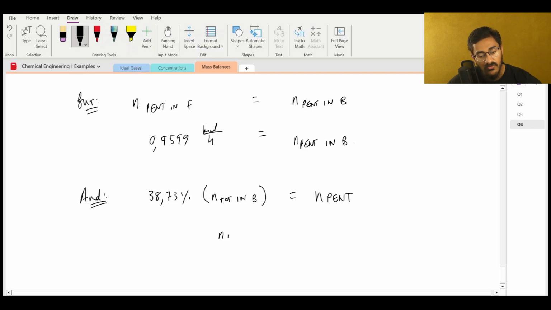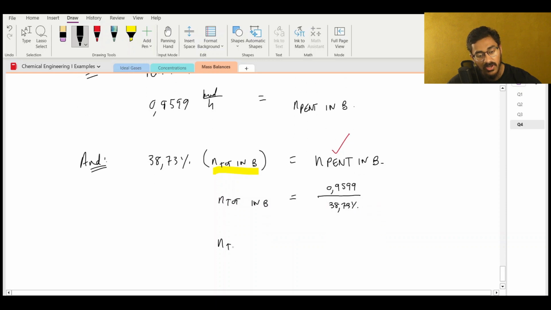And so, can I solve for the total number of moles in B? Because remember, I don't know this, and I know that the number of moles of pentane in the B stream is 0.9599. So my total number of moles in the B stream is equal to 0.9599 divided by 38.73%. And so my total number of moles in the B stream is equal to 2.478 kilomoles per hour. All right.